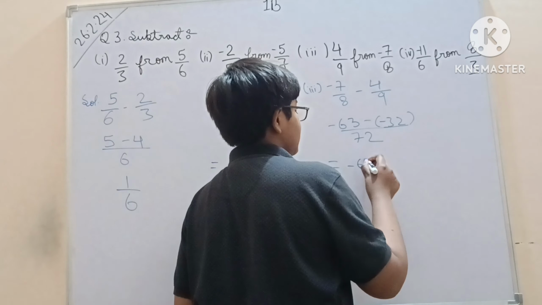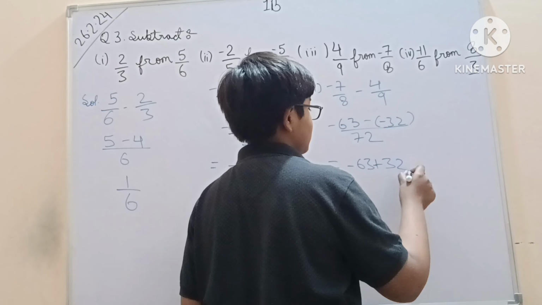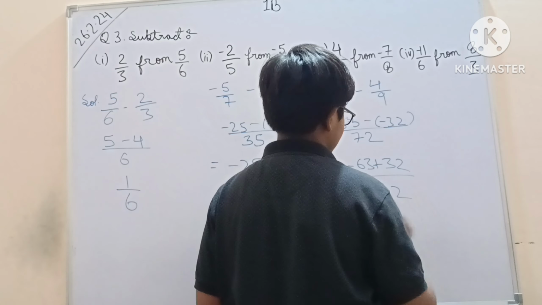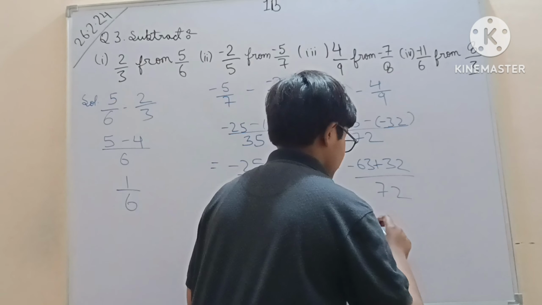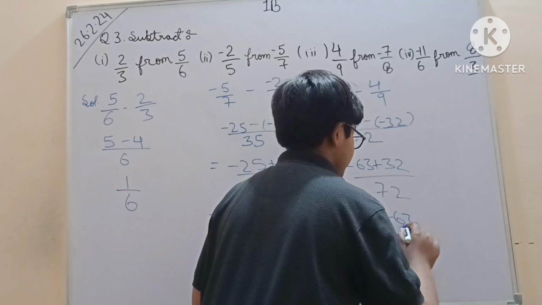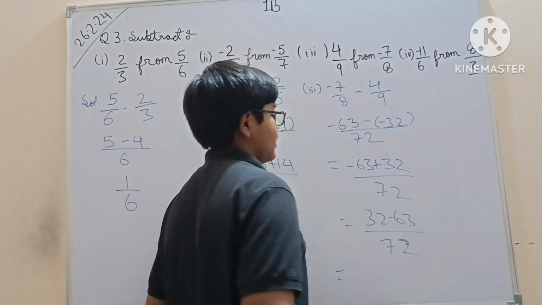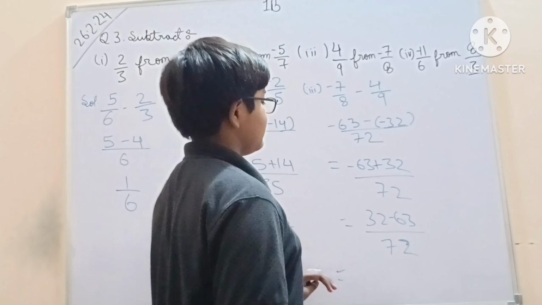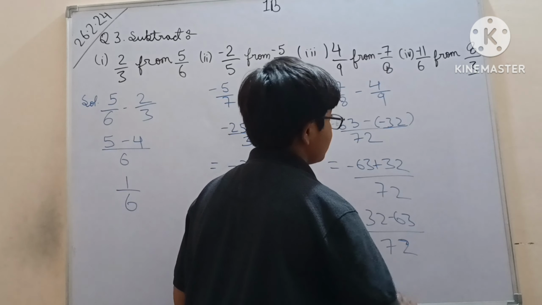So minus 63 minus minus will become plus 32 divided by 72. Now we can also write this like this: 32 minus 63 divided by 72. So our answer will be coming minus 31 divided by 72.